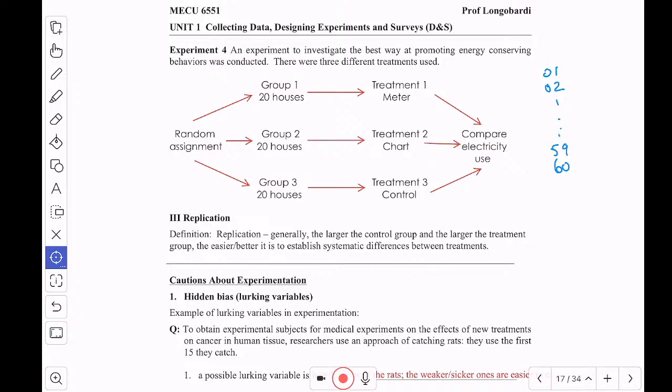So you can be saying that it's the treatments that are influencing, not the fact that all the people in treatment 1 are very conscientious about conserving energy because they live in a poorer neighborhood or something like that. Okay, so you want to rule out other variables, and so you need enough people to prevent that, or you've controlled for those other factors in some way by your choice of households.